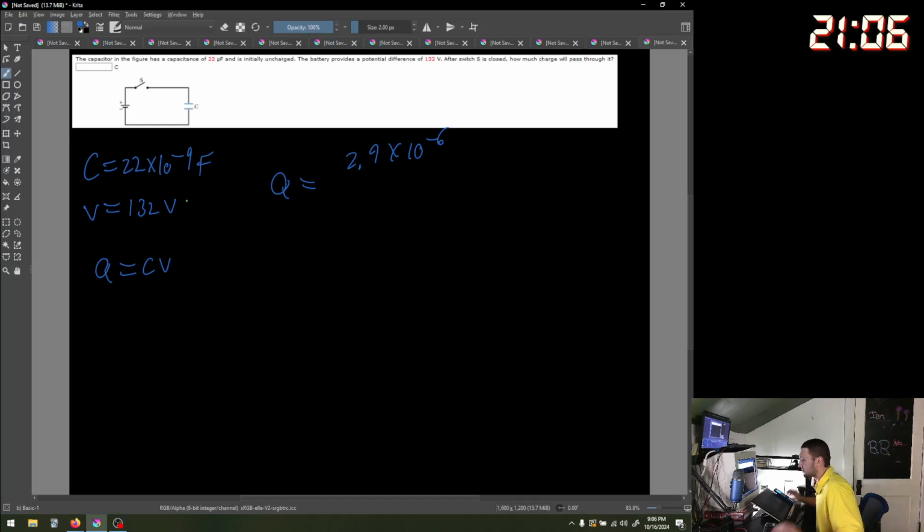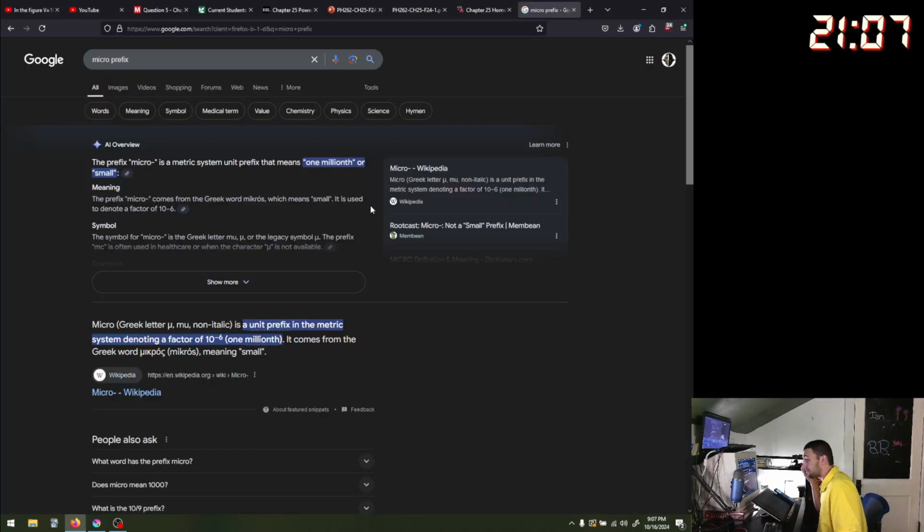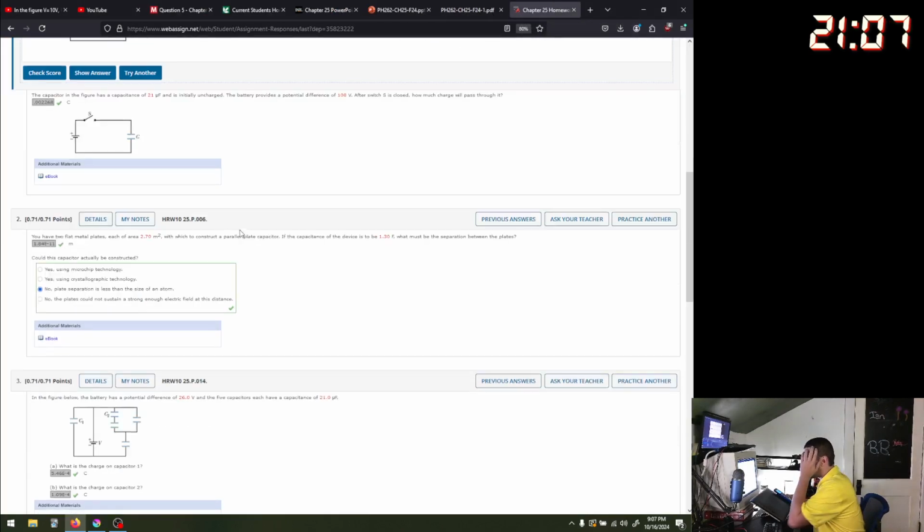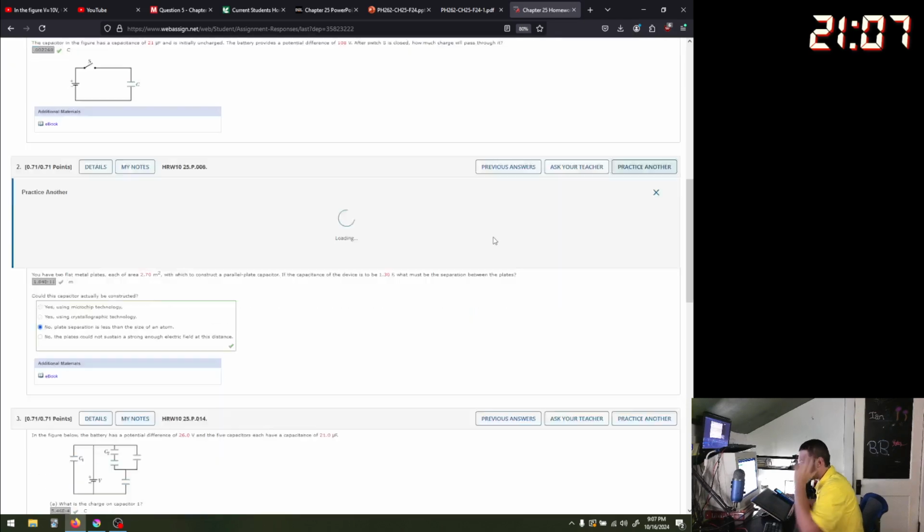Yep. Once we change this to times 10 to the negative 6, this becomes 0.0029, which is the same thing. So, right concept, a little bit different math. Let's move on to the next one.